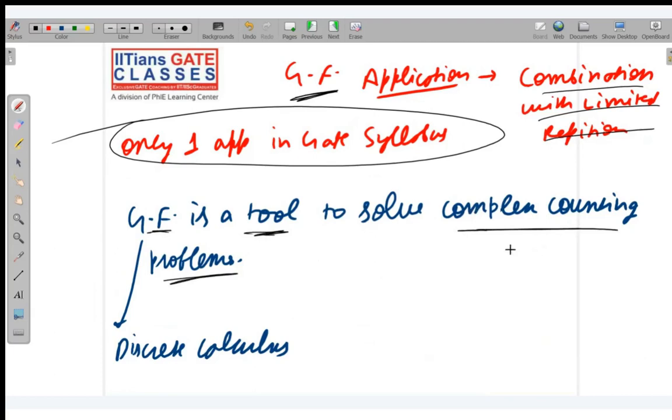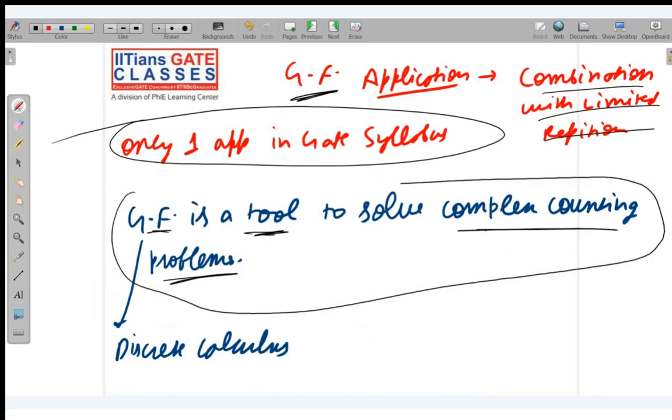If you take combinatorics in your MTech in IITs, you will study all these things in more detail. But it's not in our syllabus, so we will not study more applications of generating functions deeply. Only one application is in your GATE syllabus, that is combination with limited repetition.